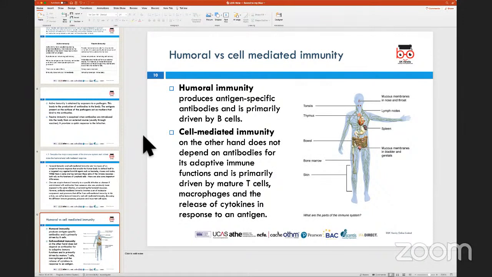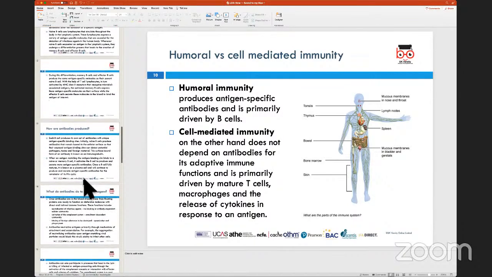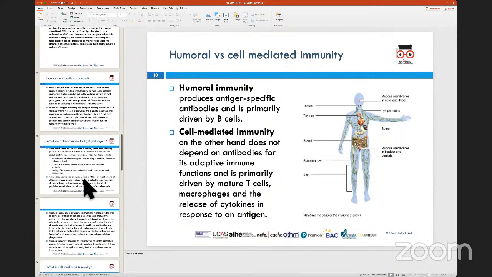That process cannot happen, and what is then required is that the information needs to be carried to a larger part of the body, specifically through the lymph nodes and spleen. That allows more and more different types of T cells to be activated because they recognize the antigen, and they get grouped together and fight the pathogen in the body. This is essentially related to cell-mediated immunity.